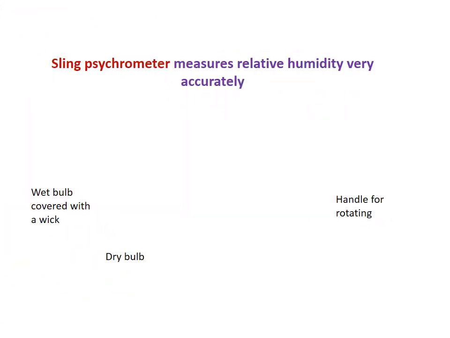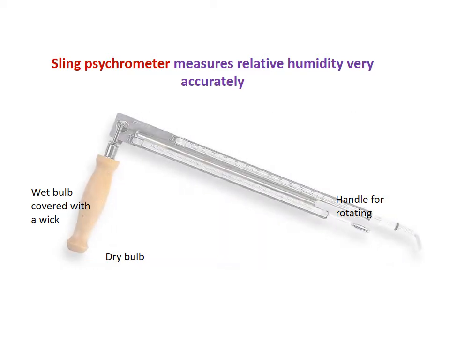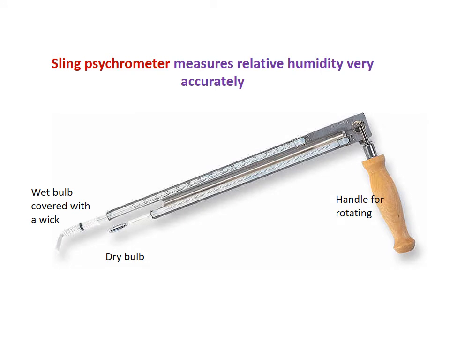Okay, I would like to introduce you to a very accurate field method of measuring relative humidity instantly, with the help of an instrument called the Sling Psychrometer. Now, what is a Sling Psychrometer? You have two thermometers here, one with a wick fitted on it, and the other one is the dry bulb.